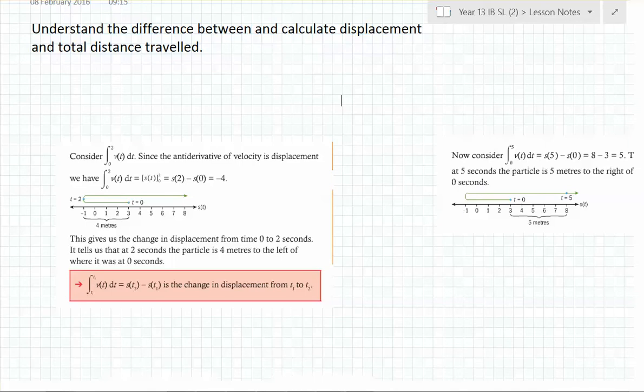We've got a function that gives you, well, what is s(t)? Displacement. Do you understand the difference between the words displacement and distance travelled? Anyone not? Who would like to explain, those that know? I think displacement is the vector quantity, and it signifies the direction, and distance is the scalar quantity.